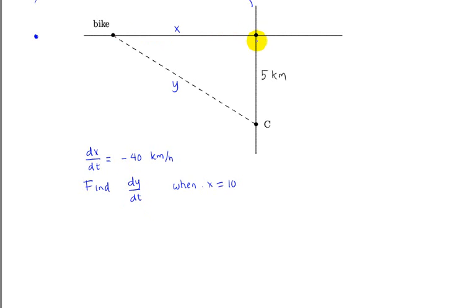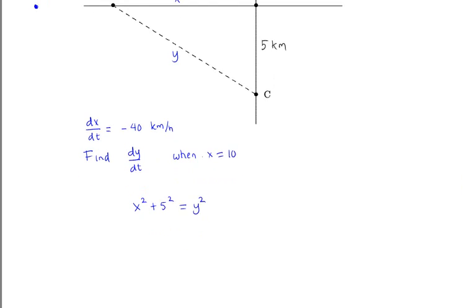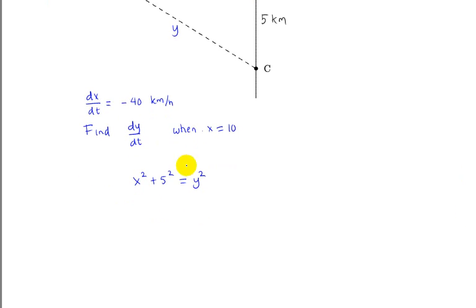And in this case, because we have a right triangle, we have x squared plus 5 squared equals y squared. And then we can take the derivative with respect to t, 2x dx over dt is equal to 2y dy over dt.